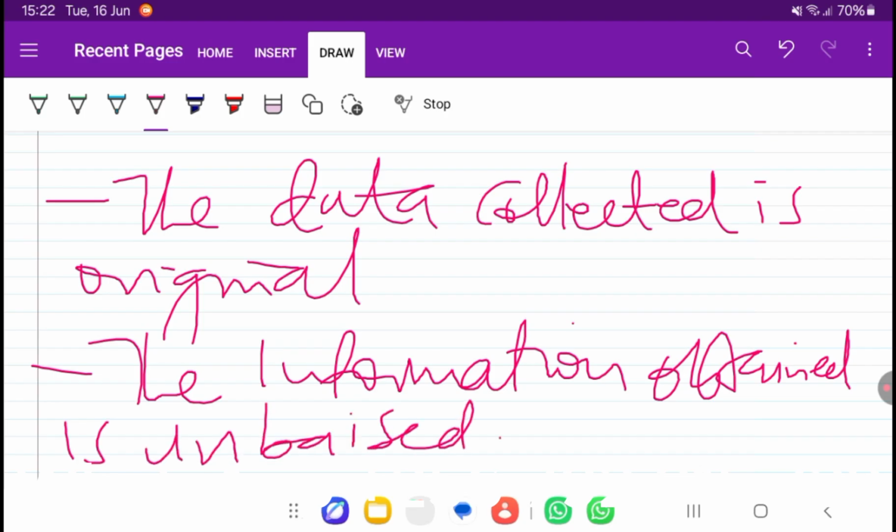The information obtained is unbiased because we collected this information from the very first people, we reached out to the people themselves. Leave alone when you send typed questionnaires through email, or you contact people. Of course, when people are tired, they give you biased or wrong information about the topic you are researching. But you have reached the ground and met these people. You have interviewed them, you have assessed their moods.